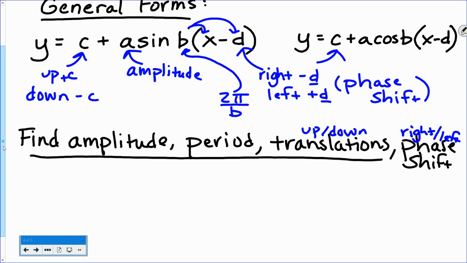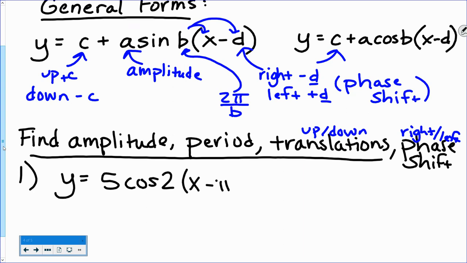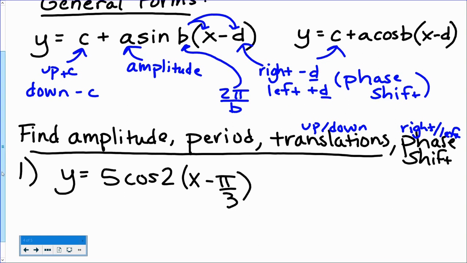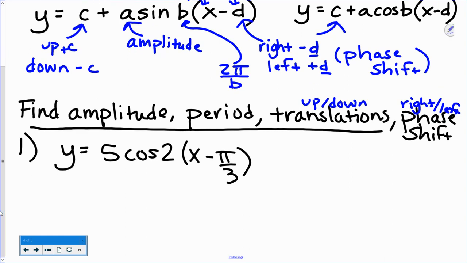For our first example here, my equation is y equals 5 times cosine of 2 times the quantity x minus pi over 3. First thing, let's find the amplitude. The amplitude, remember, is always the number that is out multiplying in front of your trig function.